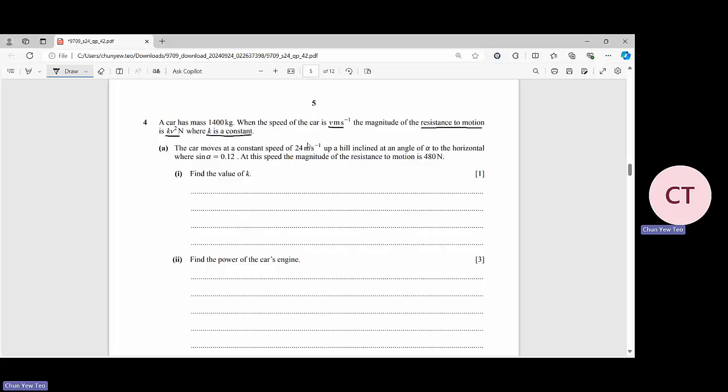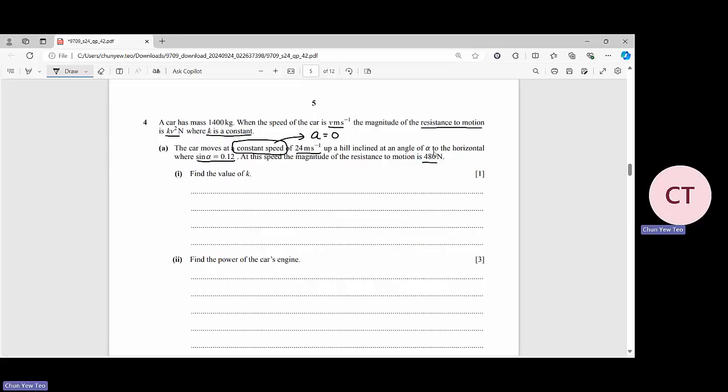The car moves with a constant speed. Constant speed means the acceleration equals 0. This speed is 24 meters per second up a hill inclined at an angle alpha to the horizontal, where sine alpha is 0.12. At this speed, the magnitude of the resistance to the motion is 480 Newton. So we want to find the value k.